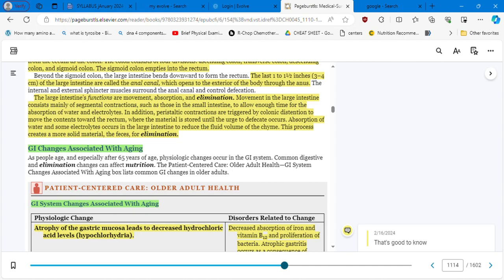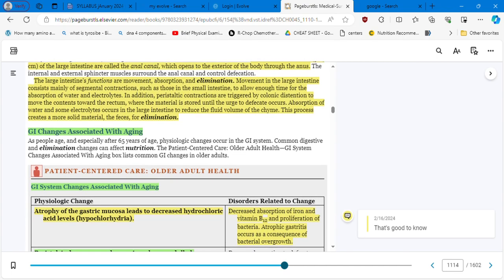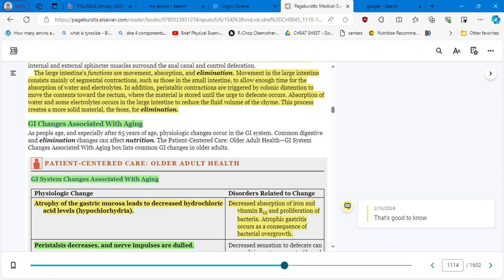So the large intestine is going to move, it's going to contract, at the same moment it's going to absorb the water and electrolytes, and that hard residual portion is going to go for elimination, where the material is stored and defecation occurs. Okay, absorption of water and some electrolytes occur in the large intestine to reduce the fluid volume of the chyme.